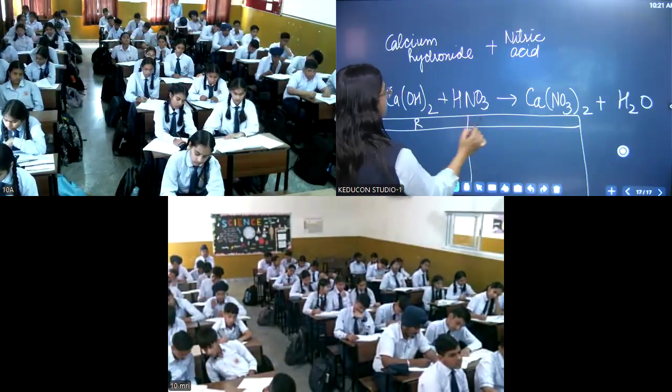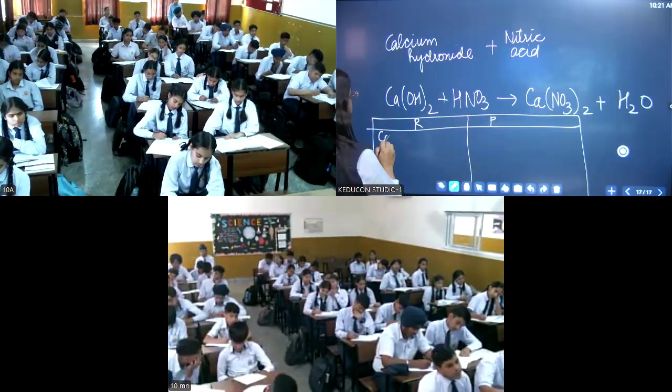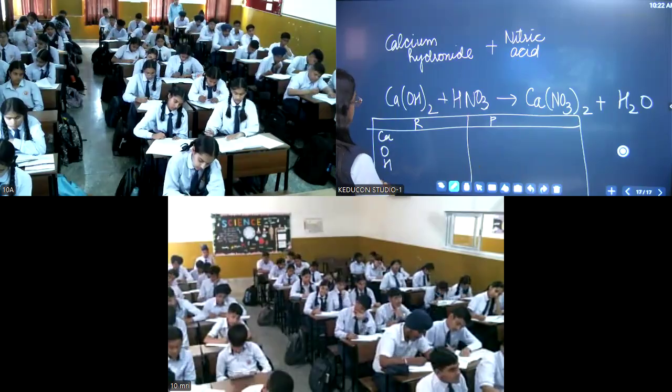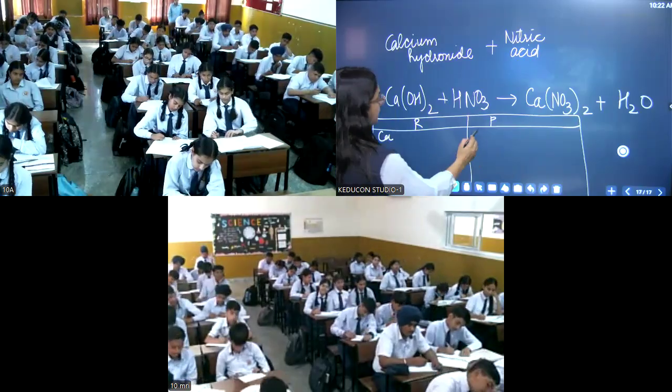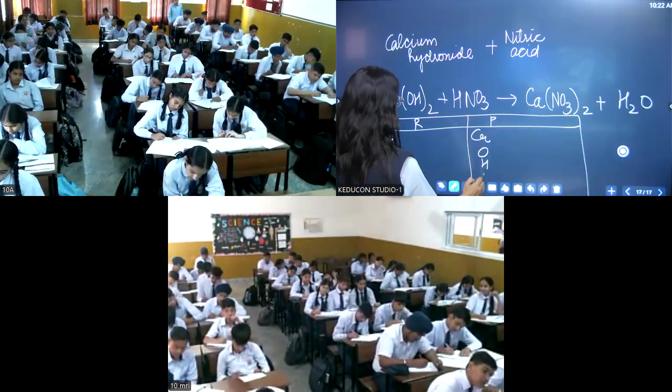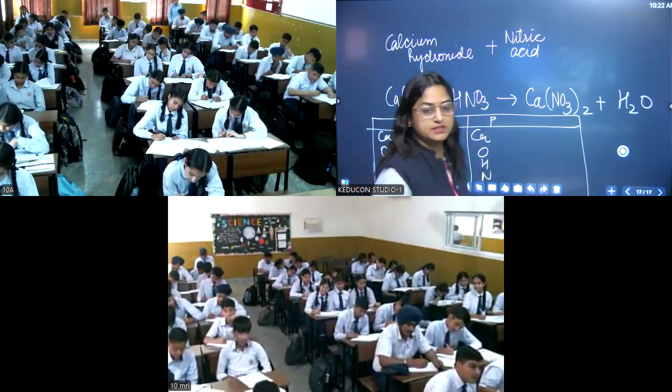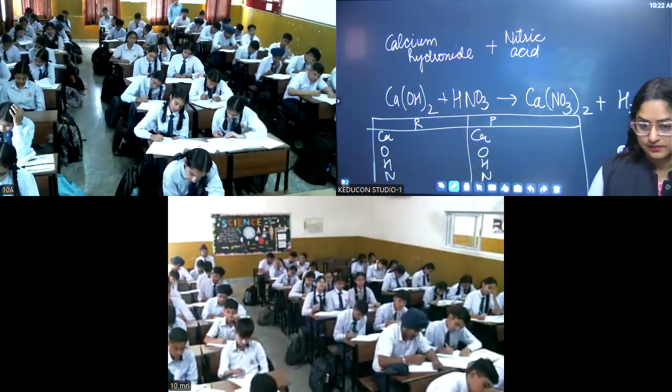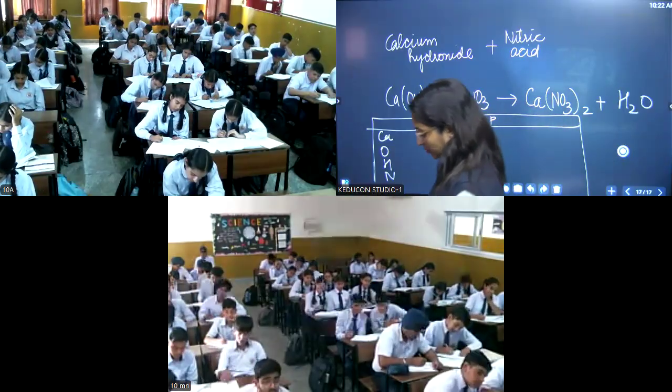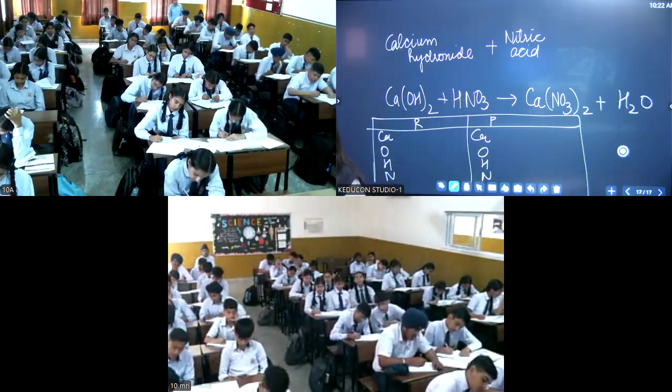And let me know the answer. Write the number of atoms of the reactants on this side and the products on this side. Try to balance it. Let me see how much you can do. And let me know the balanced equation.